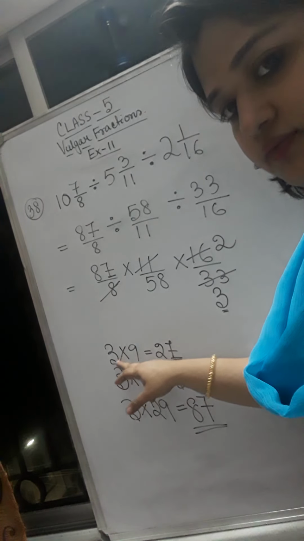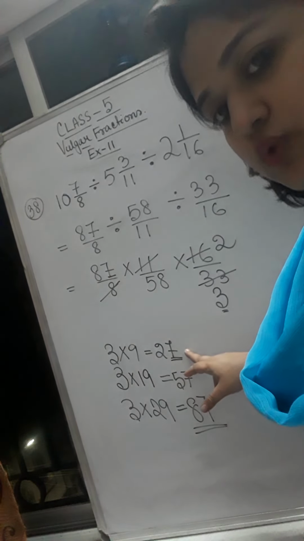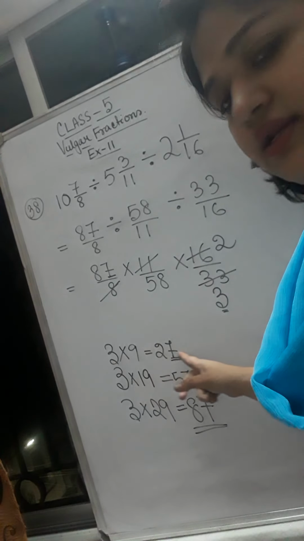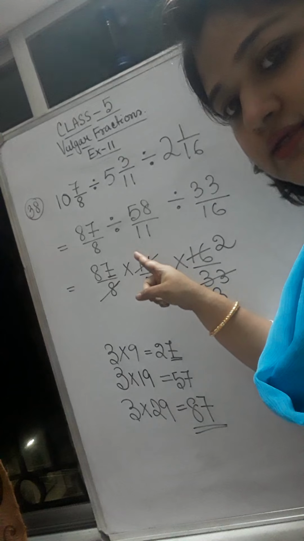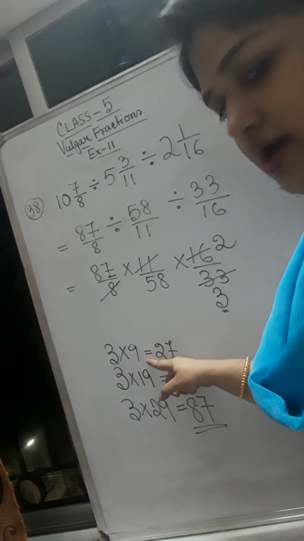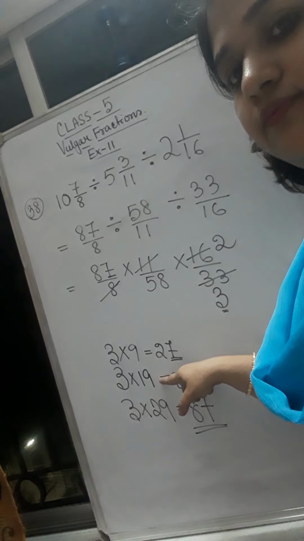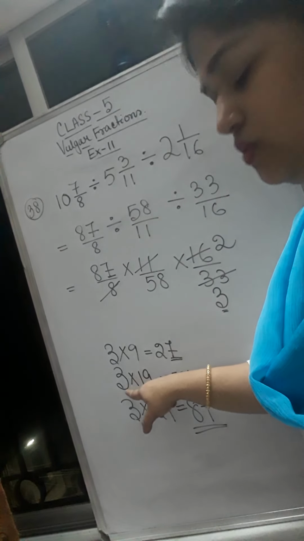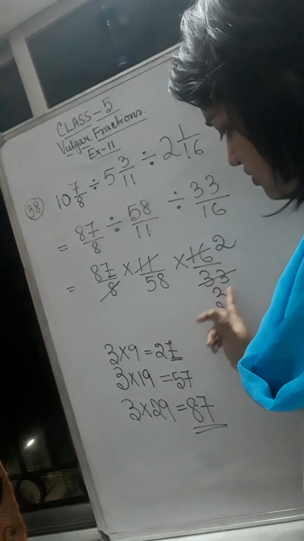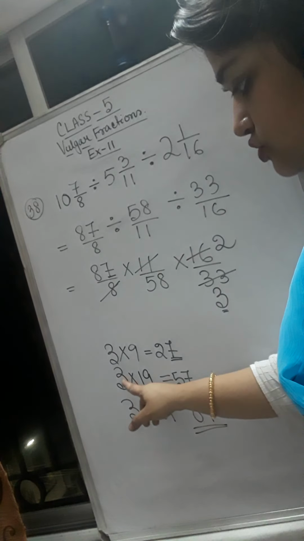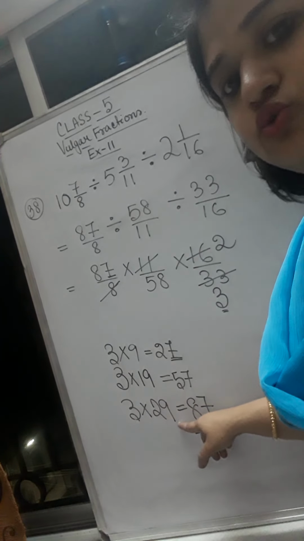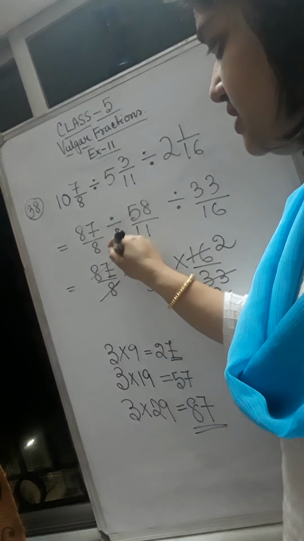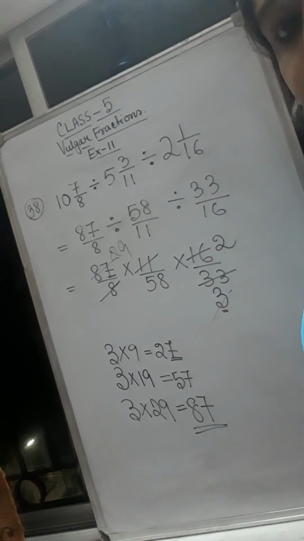I multiplied 3 by 9, which gives 27, and 7 comes as the last digit. But 3 into 9 gives me very low, I want to get 87. So now I am trying higher numbers that contain 9 at the end. And why do I want to multiply with 3? Because I need to divide by 3 only. So I tried 3 into 19, 3 into 29. So at the end we found 3 29s are 87.